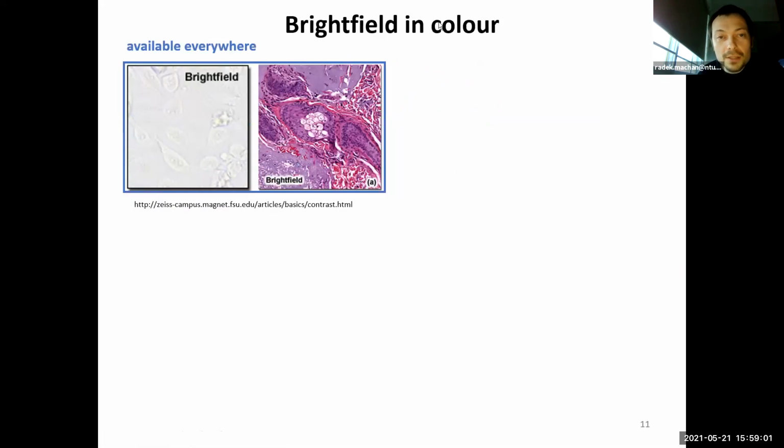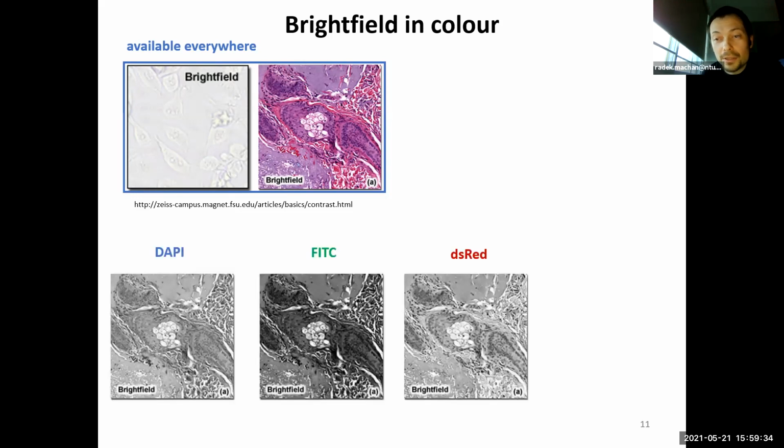So one thing you see here, there are two bright field images. One is a grayscale image, one is an image in color. And sometimes people come and ask if they need to take a bright field image in color, and the microscope they are using has only a monochrome camera. There is a simple trick which I want to show here.